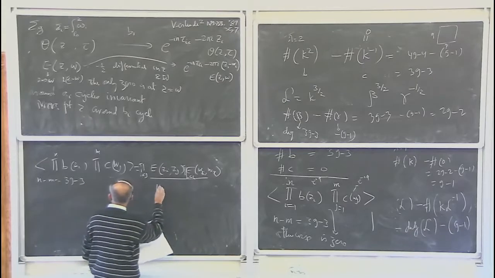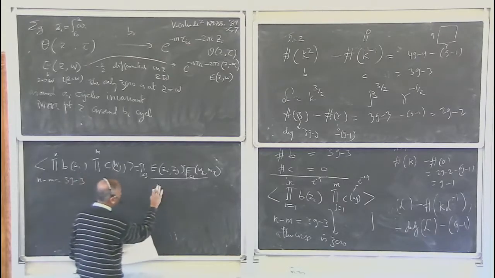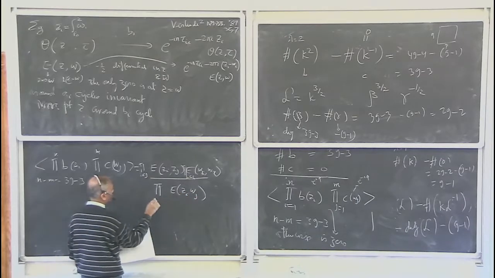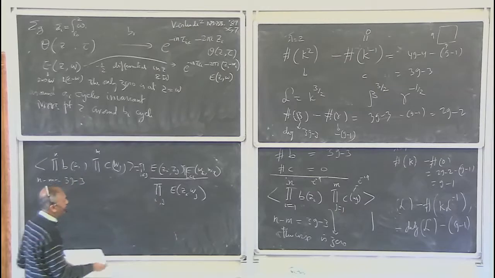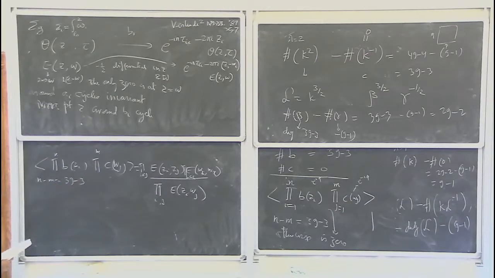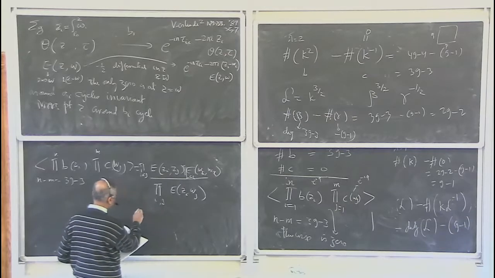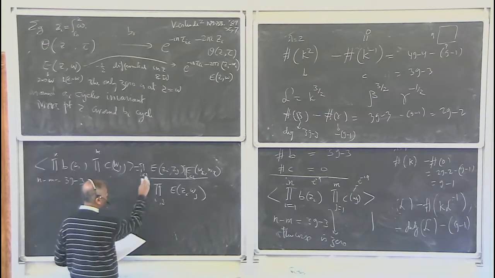And then when this approaches that, you should have a pole. So there should be E(z_i, w_j), product over i and j in the appropriate range. Now, this part was immediately obvious, right? The instanton part gives you a theta function in the numerator.